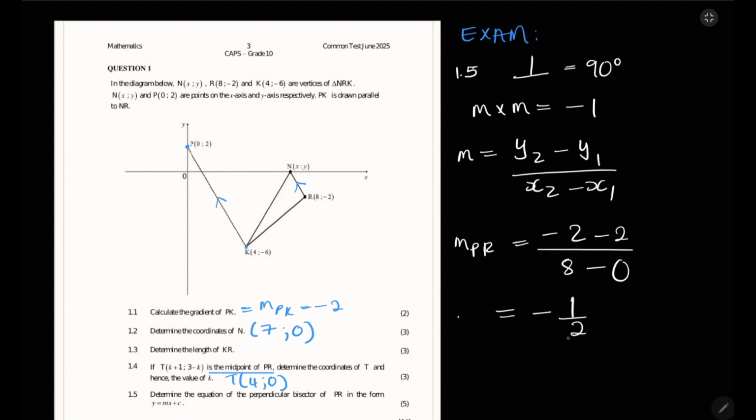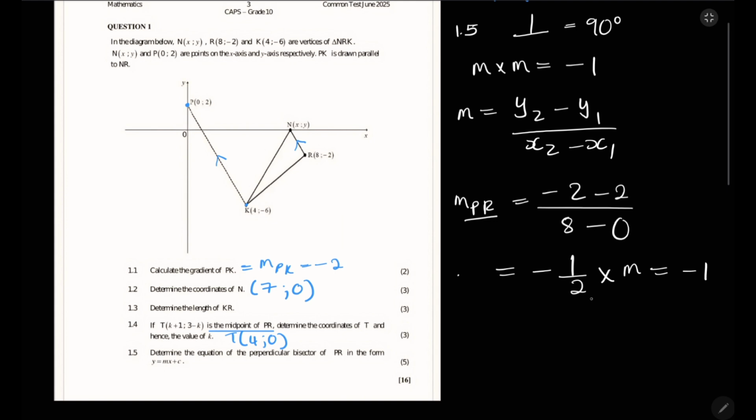So this is the gradient for PR, as we've said here. We want to find the perpendicular bisector, meaning when we multiply this with the gradient of the perpendicular bisector, we don't know what the line is, we can just say m, we have to get -1. And remember, I told you guys that you have to find the negative reciprocal.